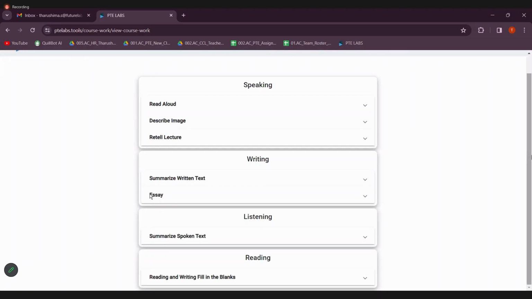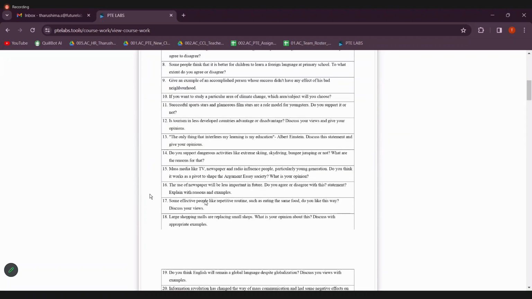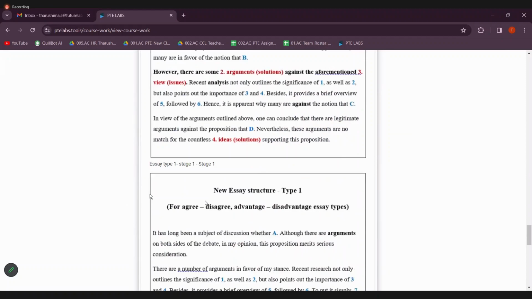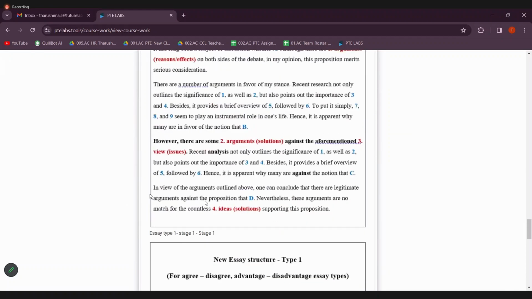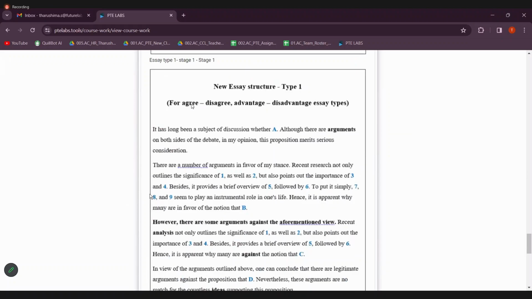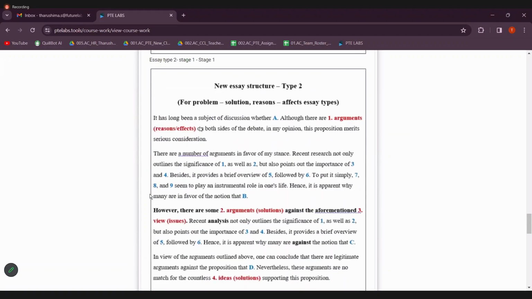When it comes to essays, how many structures are available? Sorry, maybe I missed it. Okay, it's actually two structures. First one is the structure for agree and disagree and advantage and disadvantage. This structure has to be changed when it comes to problem and solution.